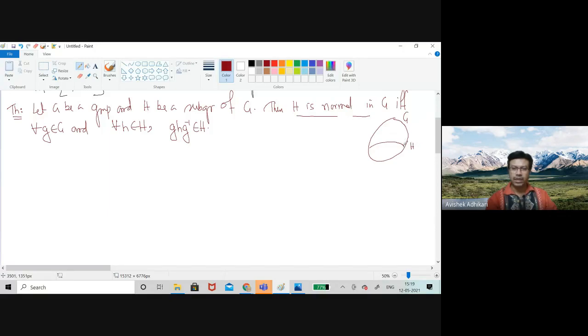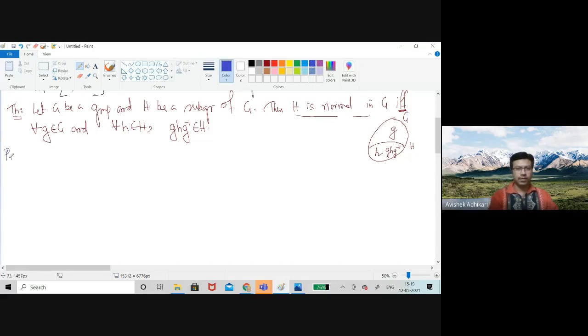Now it says that take any element g from G and take any element h from H. If it happens that for all g and for all h, this expression is always within H, then we call H a normal subgroup of G, and the converse is also true. That's why this is an if and only if result. As a result, when we check whether a subgroup is normal or not, usually we go for this approach. So let us try to prove this.